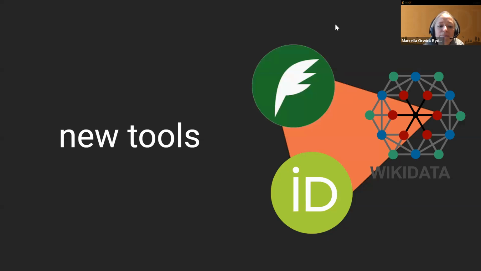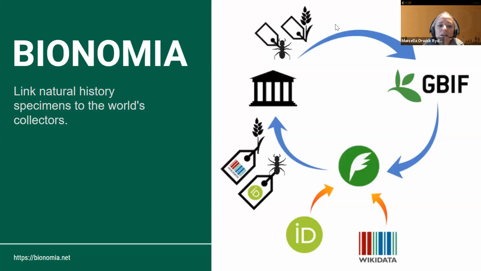And so just very briefly, a new tool within GBIF is something called Bionomia. So Bionomia is looking to better link natural history museums to the world's collections. So what we're trying to do here, for instance, is make certain that GBIF data is just simply better integrated with some of these other websites.